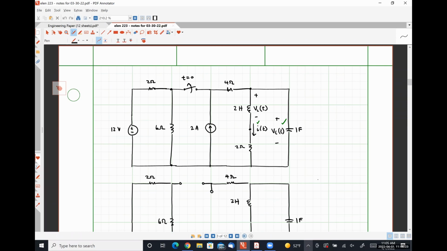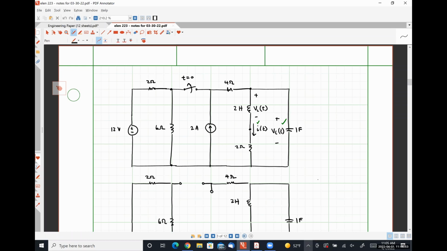Okay. We then used our table to determine alpha and omega naught for this circuit, and concluded that it was an underdamped series RLC circuit. We analyzed the circuit at t equals 0 minus, paying attention to the value for the capacitor voltage and the inductor current at 0 minus.